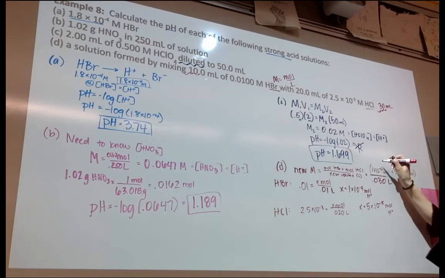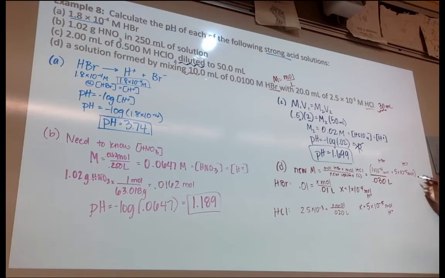So we have moles of H+ from HBr. We have moles of H+ from HCl. We add them and divide them by the volume to get the molarity. 1 times 10 to the negative 4th plus 5 times 10 to the negative 5th divided by 0.03. It's 0.005 molar.